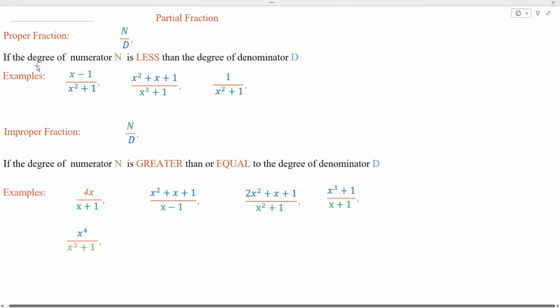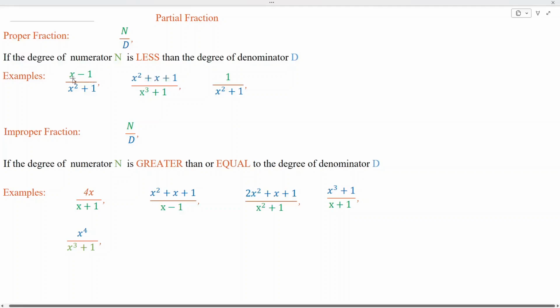What do we mean by degree of the polynomial? The highest power of the variable in a polynomial is called the degree of that polynomial. The degree of polynomial x square plus x plus 1 is 2 because the highest power is 2 here.